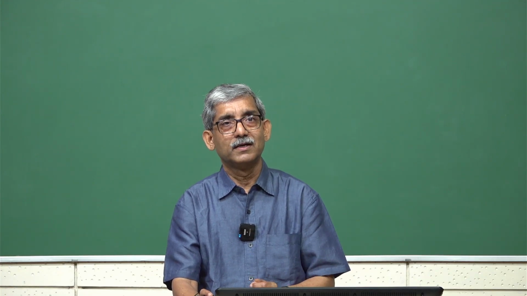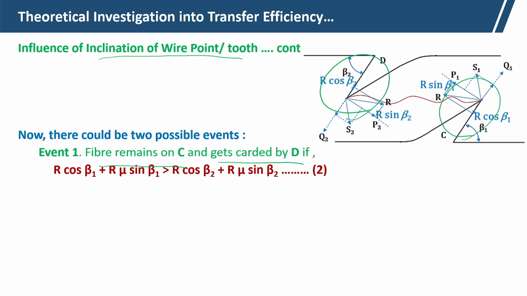So, in that case, we have R cos beta 1 and mu R sin beta 1 trying to restrict the fiber movement, and the doffer forces trying to take the fiber away.